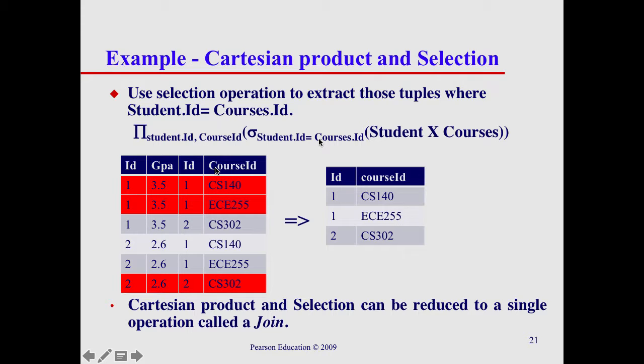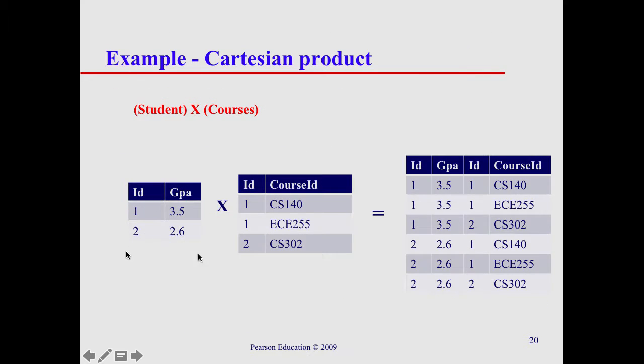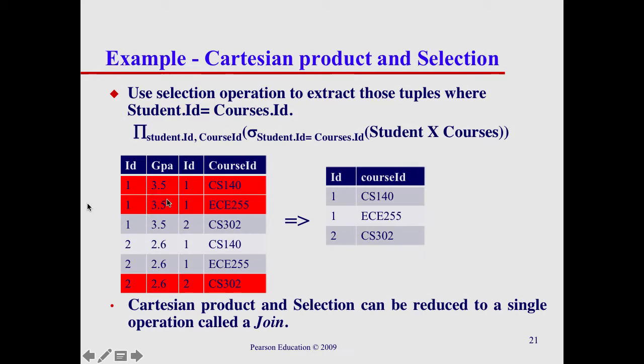So in this case, going back, student ID 1 took 140 and 255, student 2 took CS 302. When we did the Cartesian product, you'll see that student 1 ends up being included with student 2 who took CS 302, but in fact, student 1 did not take 302.